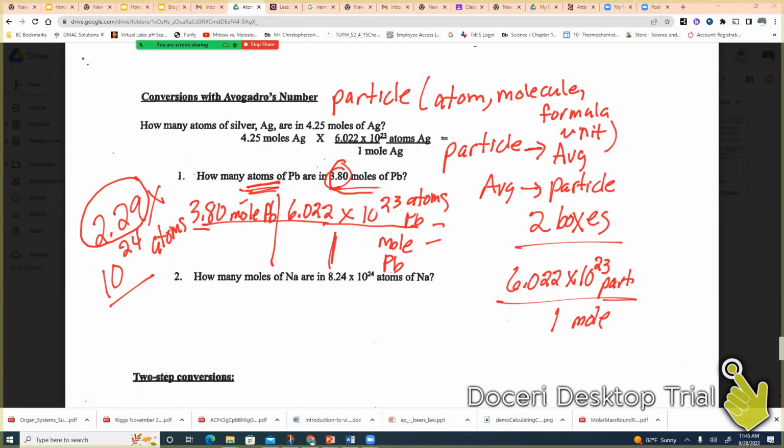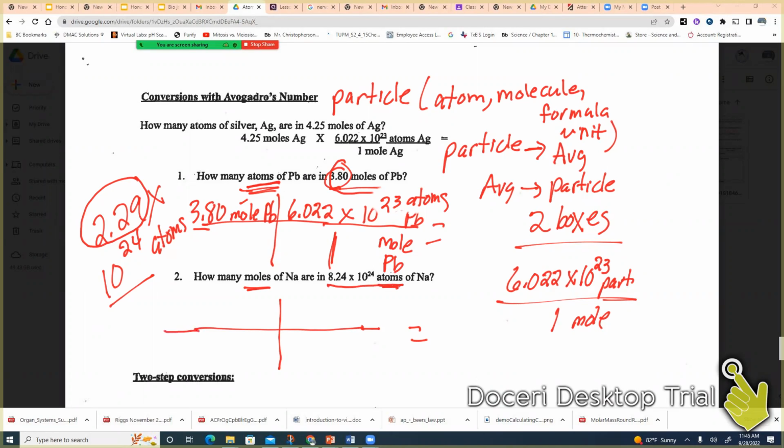Right now, as I'm assuming you can guess, we're going to flip it. So now we're going to be given atoms, and we want to go to moles. So still 2 boxes. Here we multiplied. What do you think we're going to end up doing here? Dividing. Yes, just like the other 2, they just get flipped.